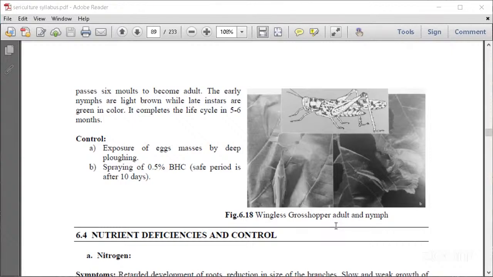The leaves show rusty brown patches and are deficient in potash, protein, and sugar contents. The diseased leaves are poisonous to silkworms and cause the disease called Flacherie disease. So, controlling measurements: application of potassium fertilizer is useful in curing the element deficiency.